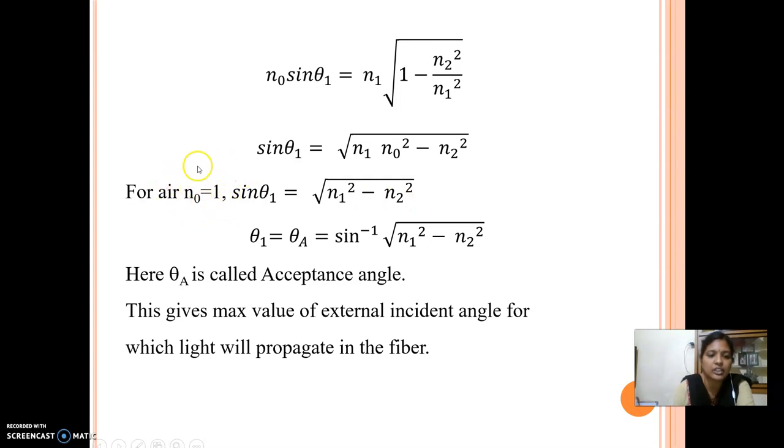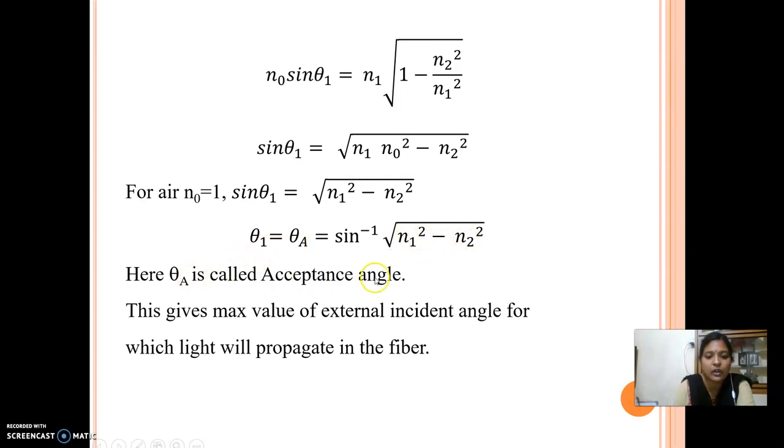Now for this condition, when refractive index of air is equal to 1, then sin theta 1 is equal to root of n1 square minus n2 square, where theta 1 is nothing but your acceptance angle, the maximum angle through which the light ray enters into the optical fiber and undergoes the TIR condition, that is called acceptance angle. So theta 1 is equal to theta A is equal to the sine inverse of root of n1 square minus n2 square, that is the difference between the refractive index of the core and cladding here.